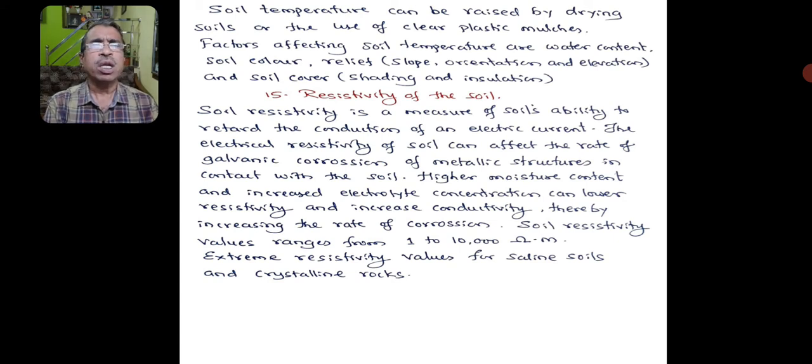Higher moisture content and increased electrolyte concentration can lower resistivity and increase conductivity, thereby increasing the rate of corrosion. Soil resistivity values range from 1 to 10,000 ohm meter. Extreme resistivity values are found for saline soils and crystalline rocks.